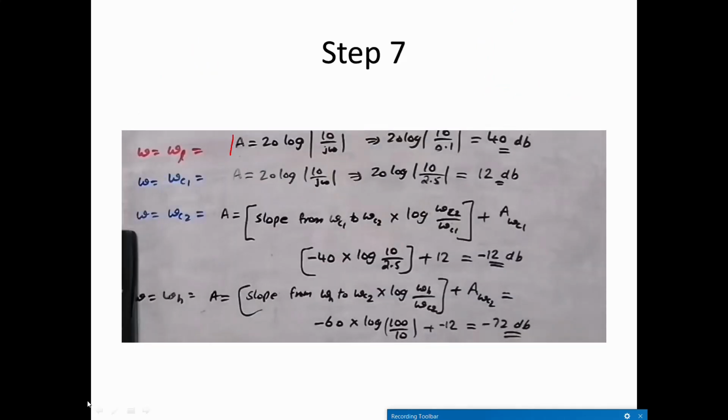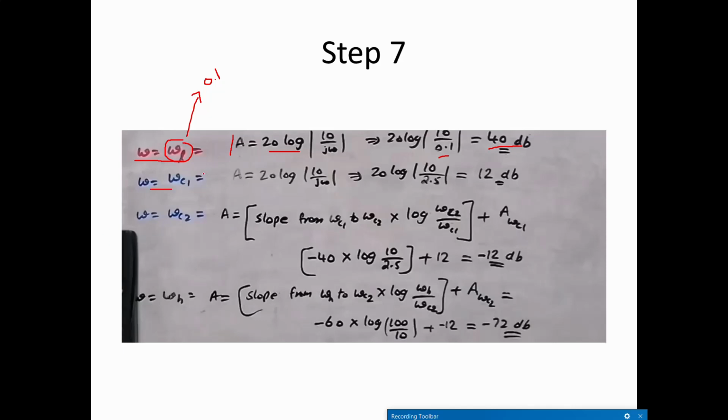Okay. So now the same thing is being used. To calculate the magnitude for this frequency, we use A equal to 20 log of 10 divided by j omega, where this j omega is for the corresponding frequency, which is omega L, which is 0.1. I substituted here and found that it is 40 dB. Second one, omega c1.